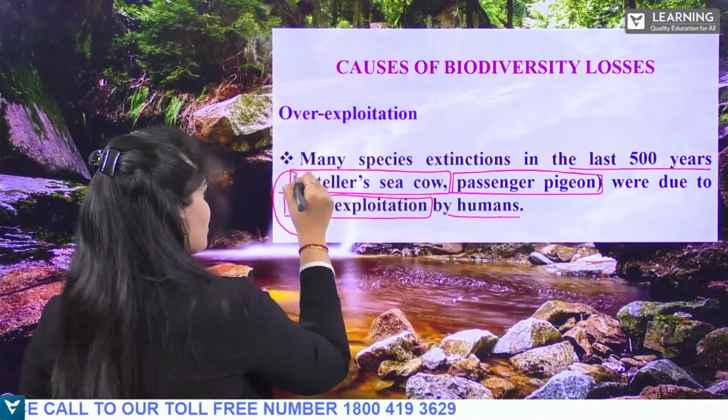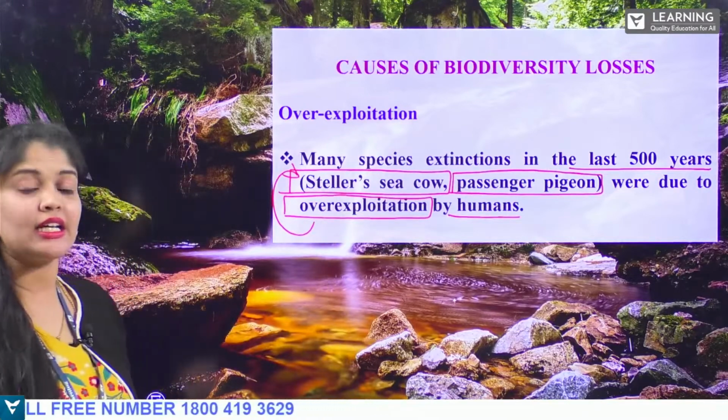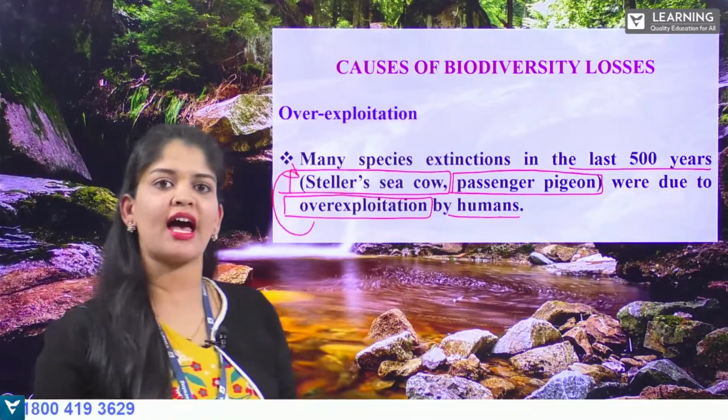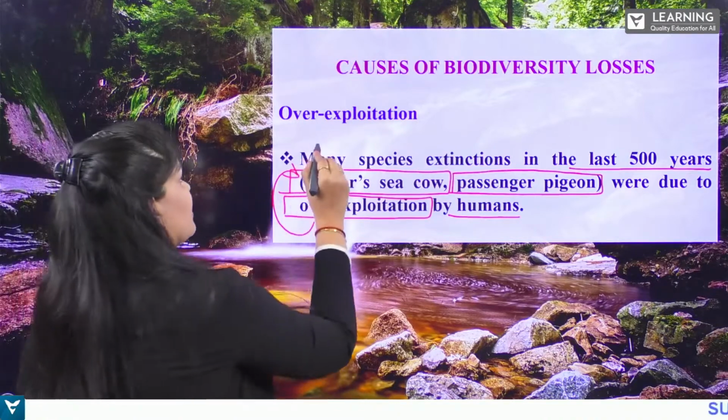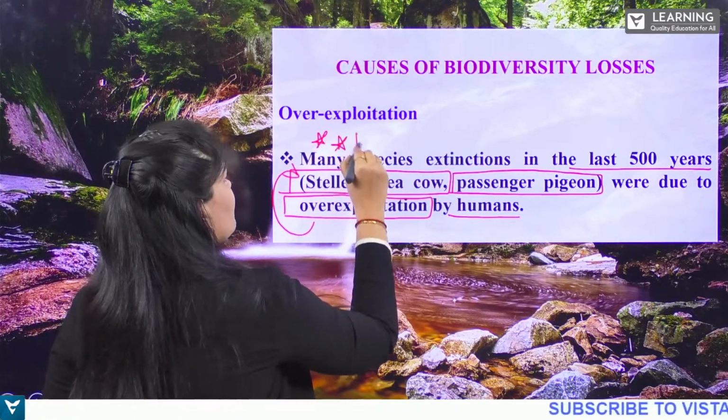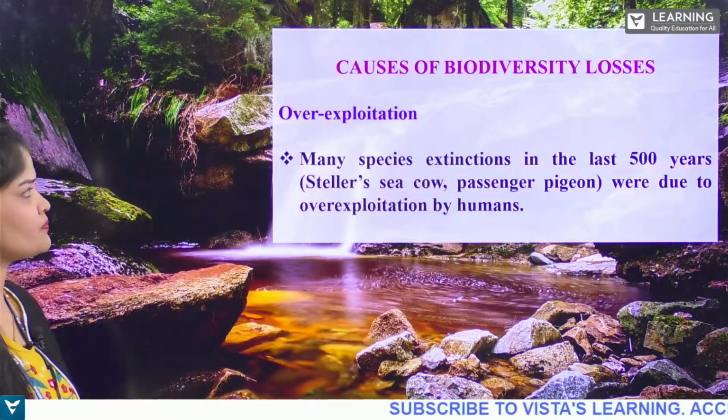The extinction of Steller's sea cow and passenger pigeon happened due to the over-exploitation by humans. This is important, okay? Remember these species.